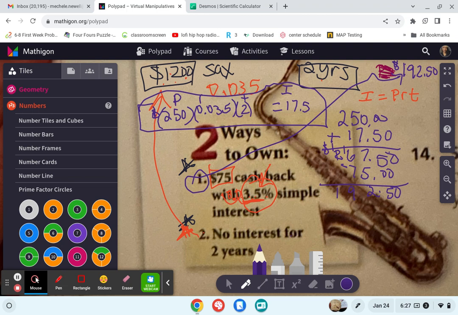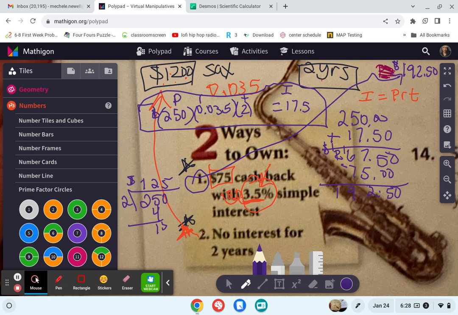So let me do my 250 divided by 2 years. 2 goes into 5 two times, 2 times 2 is 4. So that's $125 a year, right? This is $125 the first year. I don't need to even divide that.